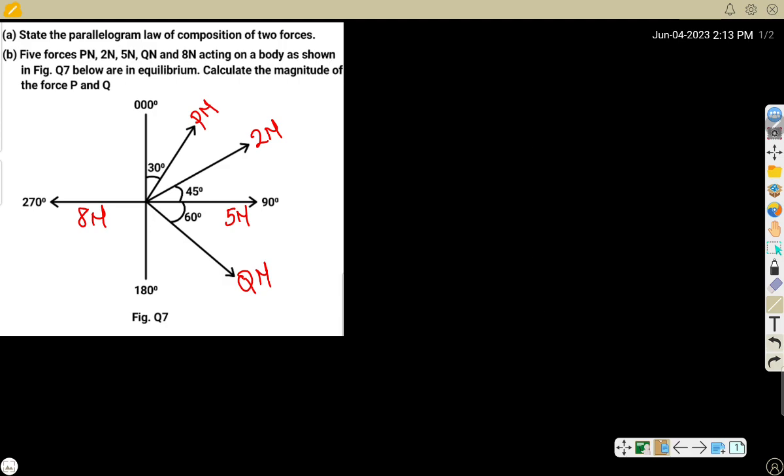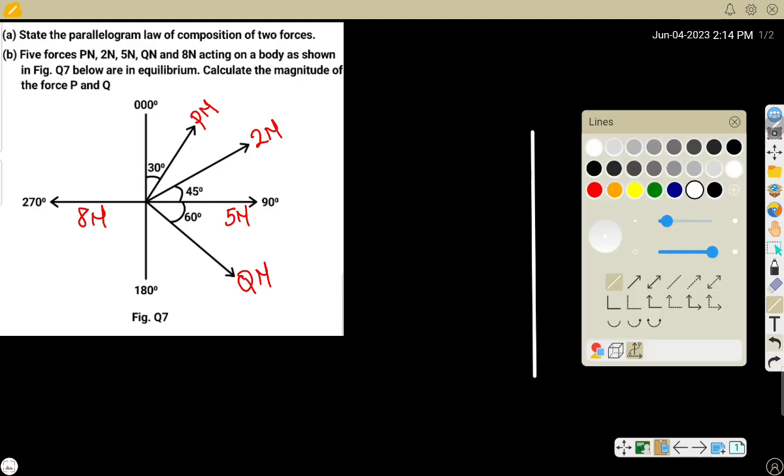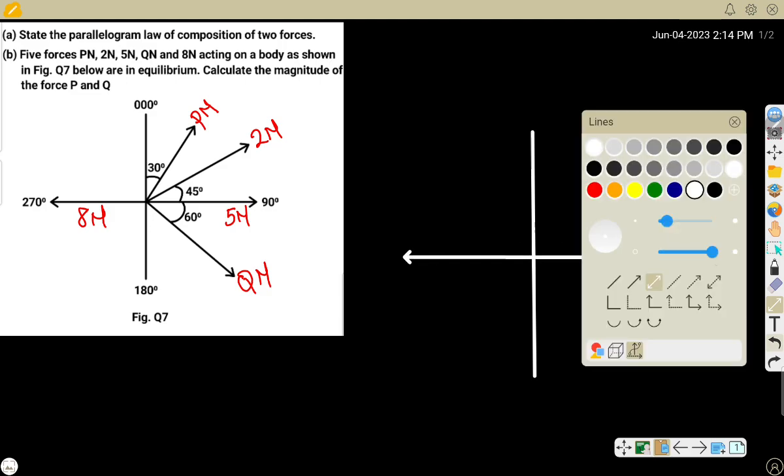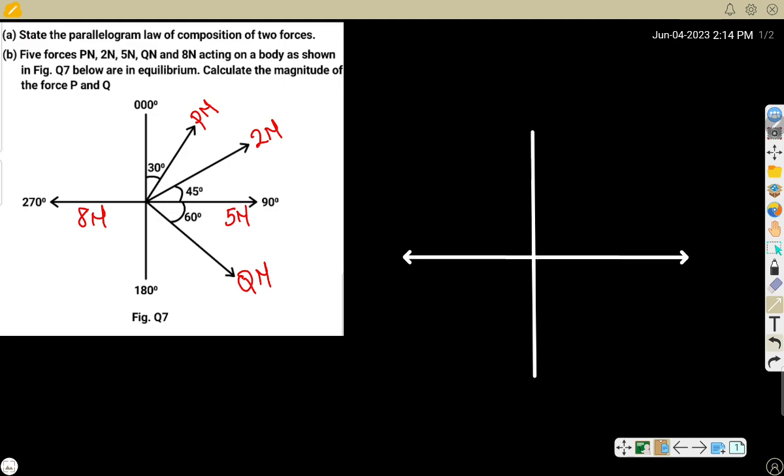So I have a straight line, I have another one like this, then I have one here, that's P. I have another one here, that's Q. Then I have another one here, that's 2.